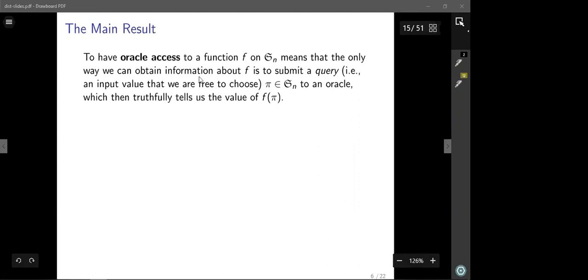So you might think about, if I have oracle access to the function, it means that the only way you can obtain information is to submit a query. You can say, I want to know what the value of f is on a particular value pi. And the oracle will truthfully tell us the value of f of pi. So this notion of oracles is often used to try to understand when something seems like it might be hard because it's n factorial or something. You might try to simplify the problem.